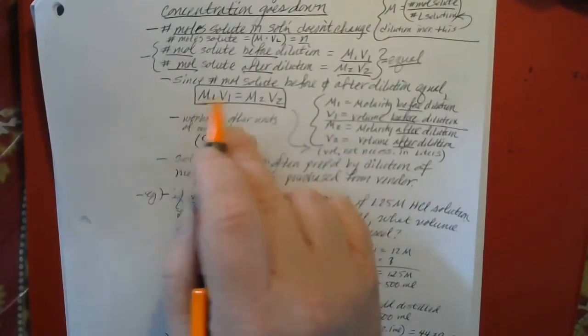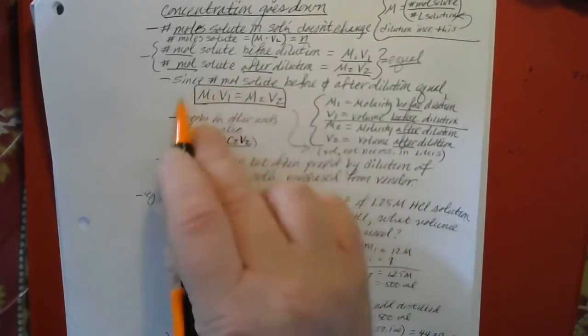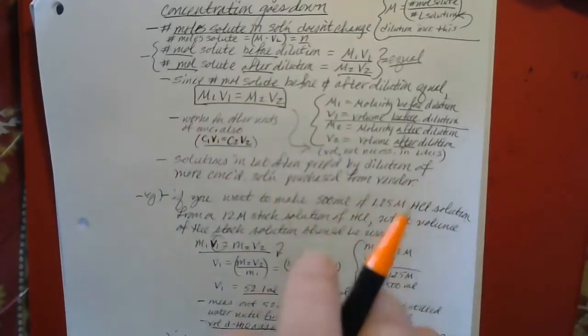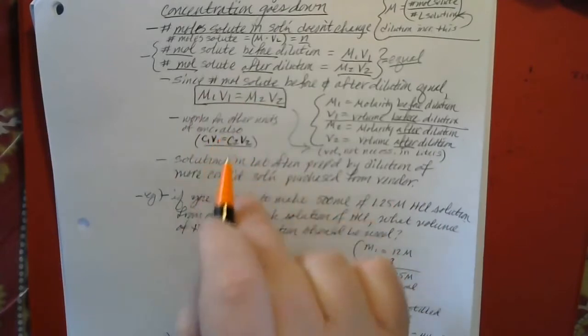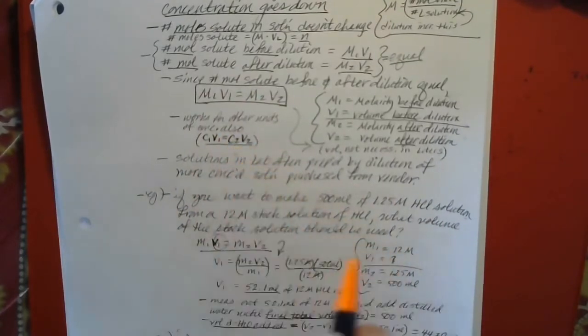Also, the concentration doesn't necessarily have to be in units of molarity. This equation works for most ways of expressing concentration, so it's sometimes written as C1V1 equals C2V2.